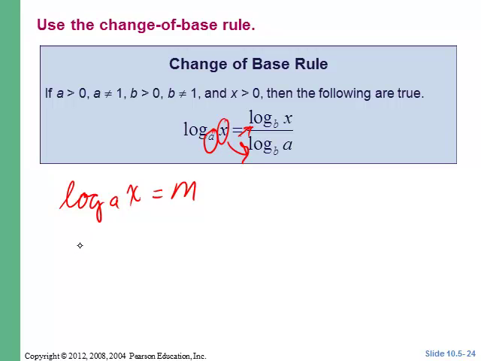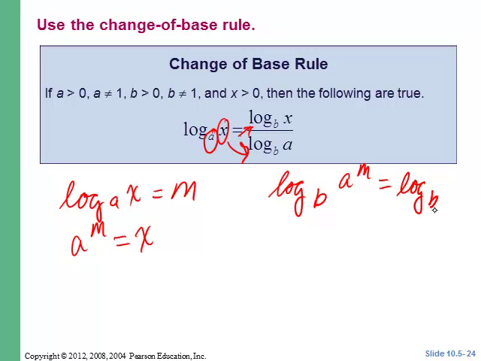So then that means that a to the m is x. We know that the log base b of any number, let's say a to the m, is the log base b of the other number, x. These two are equal. Okay? Well, this is m log base b of a.